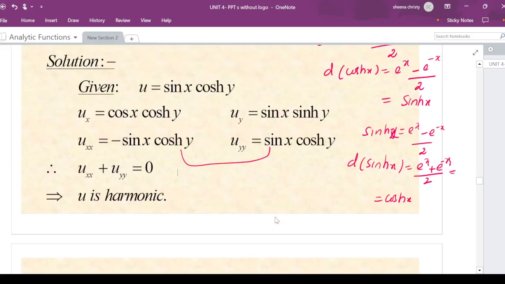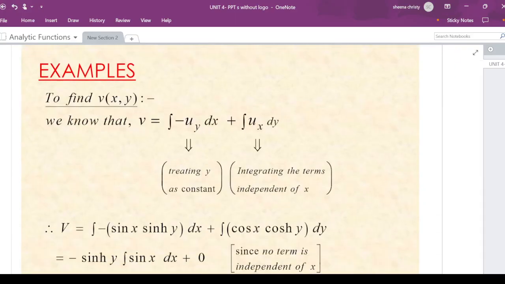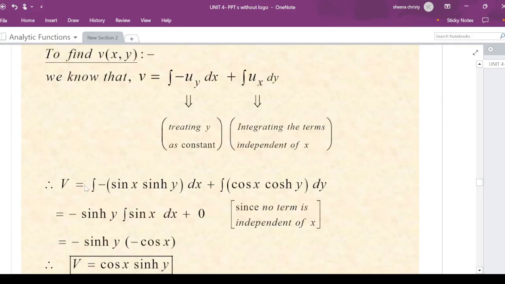So ux is involving x terms, therefore we are going to take it as 0 here. Then you have to differentiate this uy with respect to x. So here we are getting integral of minus sin x into sin hyperbolic y into dx plus here x term is involved, so you are going to treat it as 0.